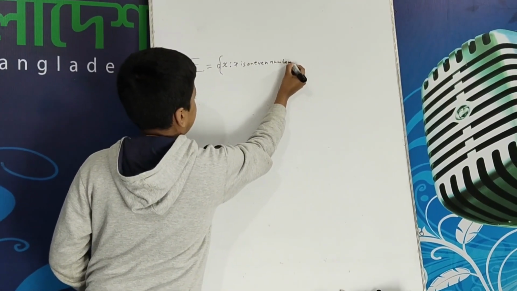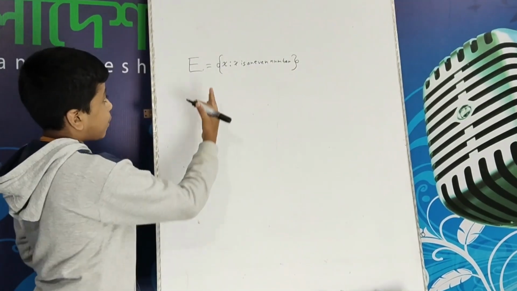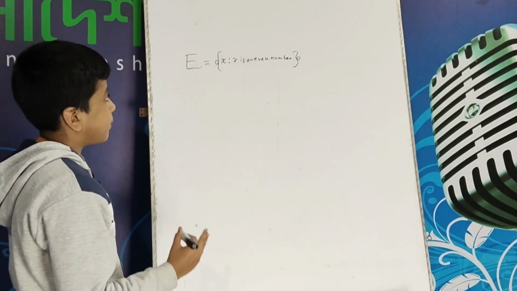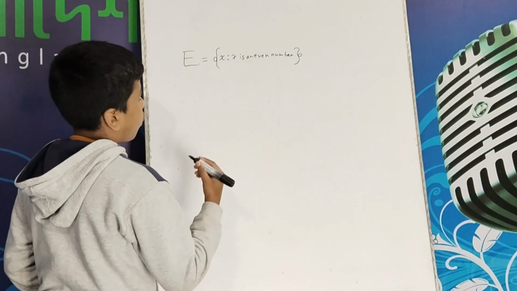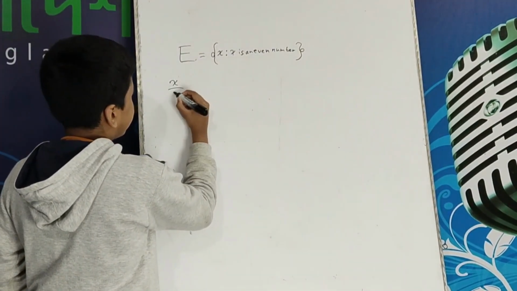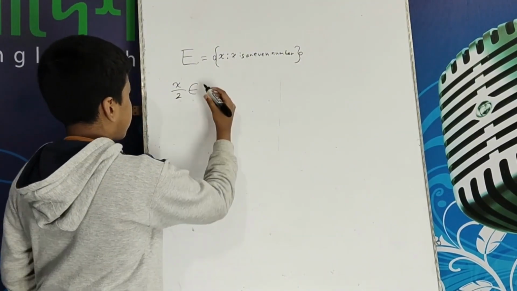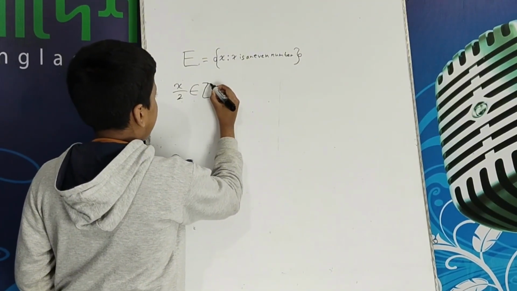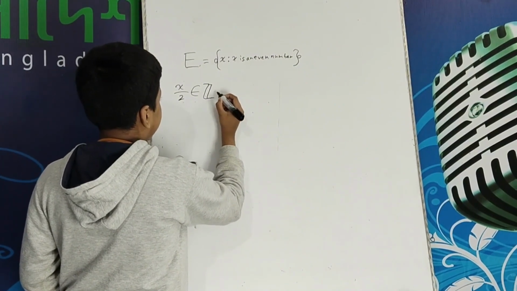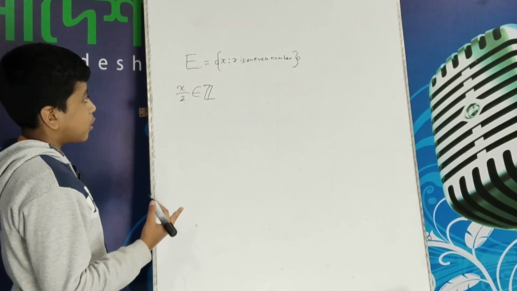Okay. So, what we want to prove is 0 is a part of this set. Now, for X to be an even number, X over 2 must belong to the integers. That is the condition for an even number.